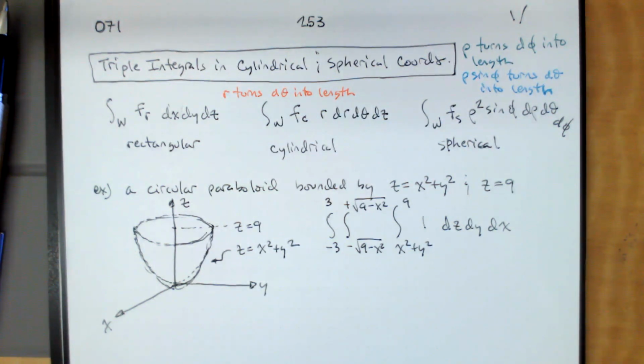Then we integrated this, and we ended up with one very strange integral when we got down to the dx integral. It didn't correspond to thinking of this solid as a solid of revolution.